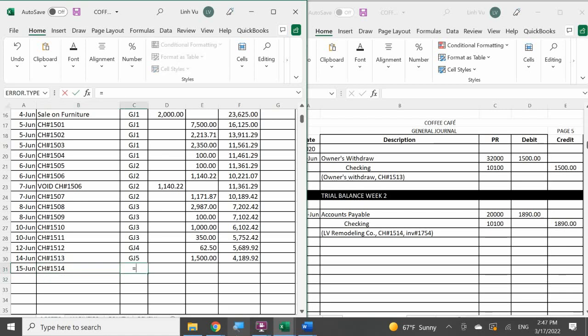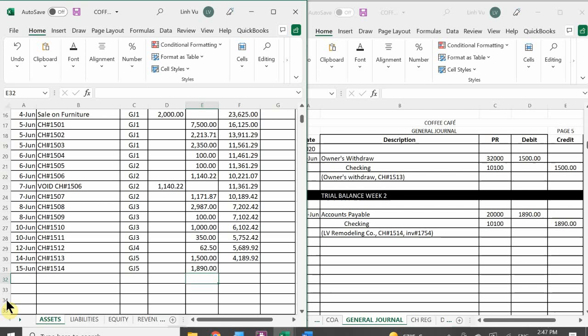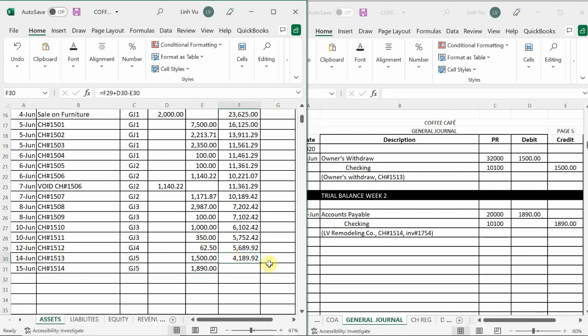We're on journal number 5, and we're going to decrease my account by 18.90. So what is my account balance going to be at the end of this transaction on the 15th? 22,992. Good.